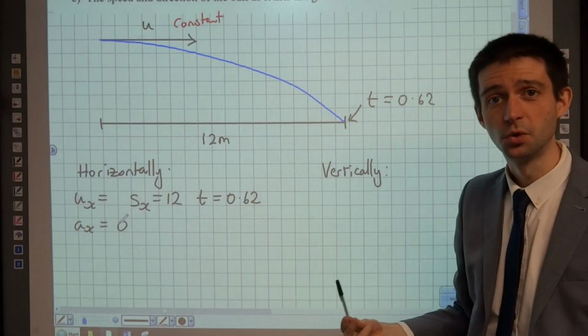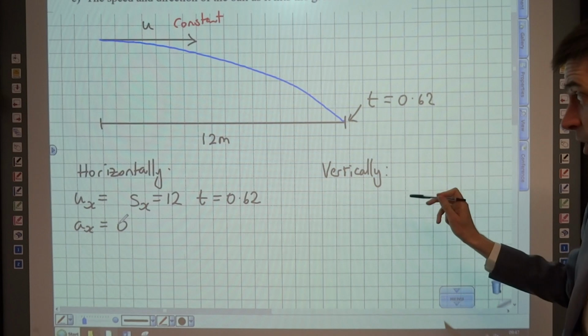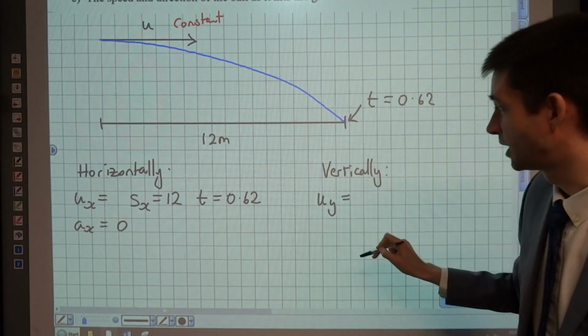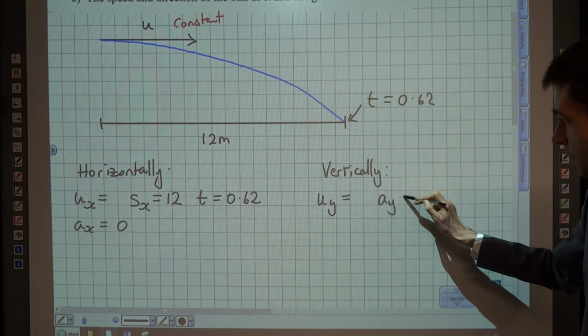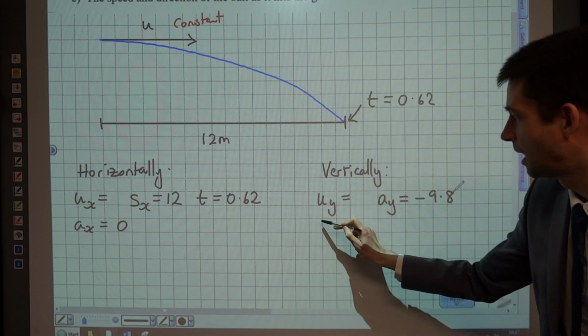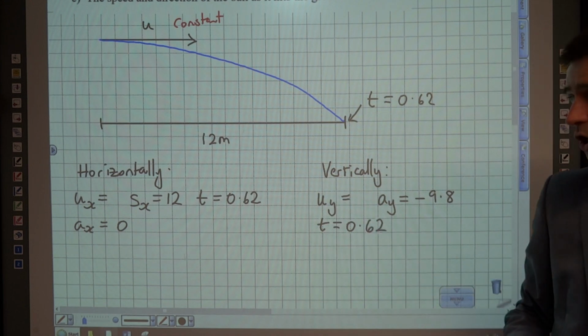That's going to be important later on when we come to do some calculations. In the vertical direction, we have our initial velocity in the y direction that we don't know. We have our acceleration in the y direction, which I'm going to write as negative 9.8. And again, we know that t equals 0.62.